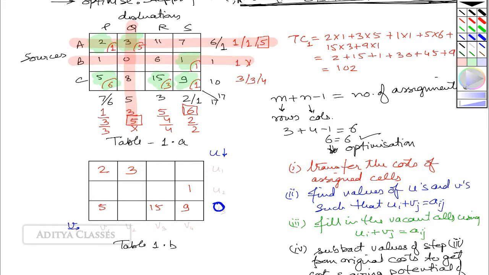Now, what was the rule? The rule was that at the intersection, I should get 9. So what should I put here? I think a 9 should do the trick. If I put a 9 here, this 9 will come here, this 0 will come here, and their sum will again become a 9. By the same logic, 15 plus 0.